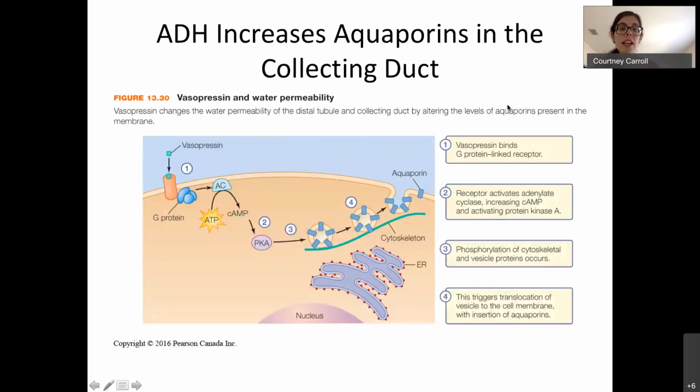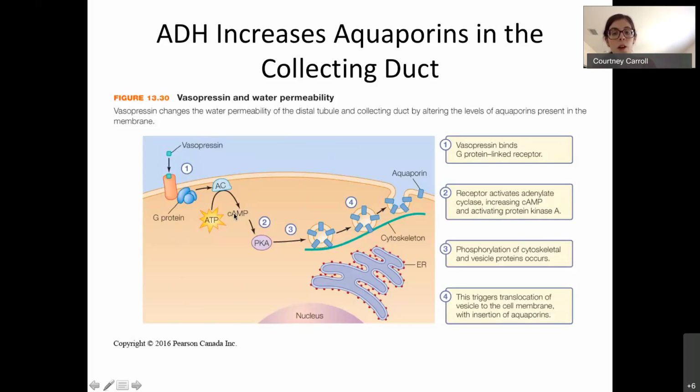And how ADH works is, again, ADH, also called vasopressin, is going to increase the number of aquaporins expressed in the collecting duct. So ADH or vasopressin binds to a G protein coupled receptor, and it's going to work through the adenylate cyclase signaling cascade to make more cyclic AMP.